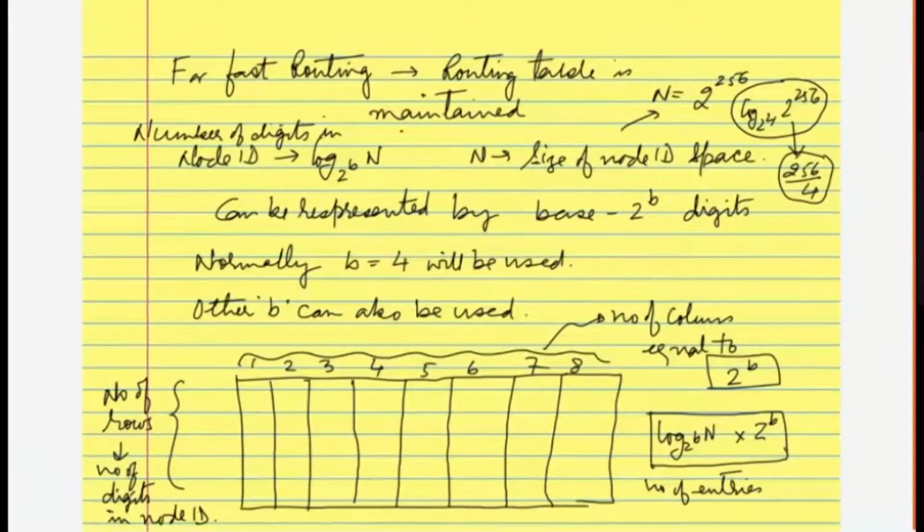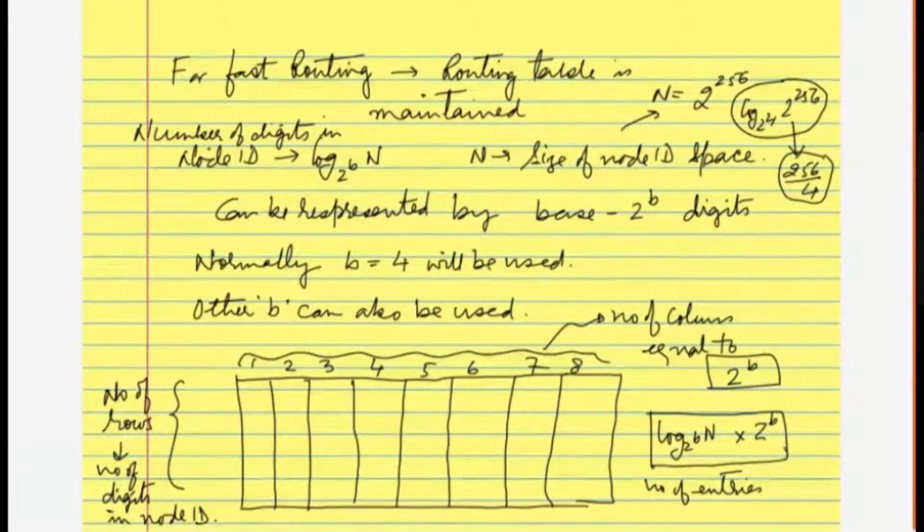So for this, the routing table is maintained. This is going to be pretty fast. If n is the size of the node ID space, for example 2 raised to the power 256, then 256 bits can be used to represent a node ID.